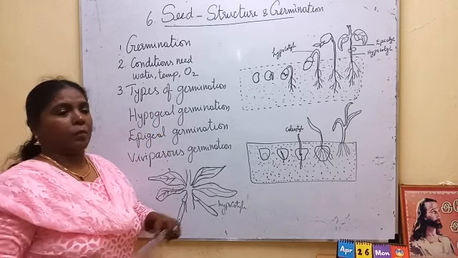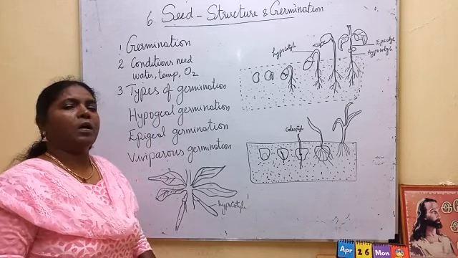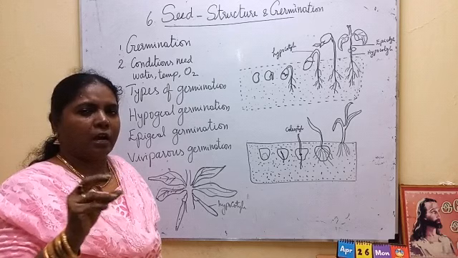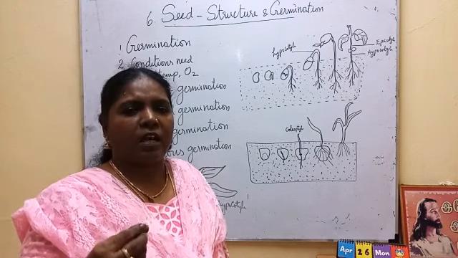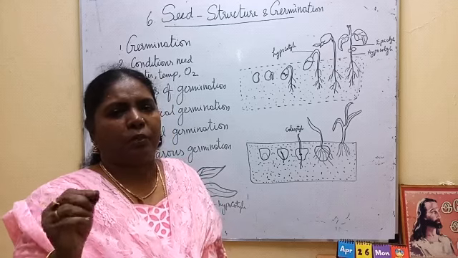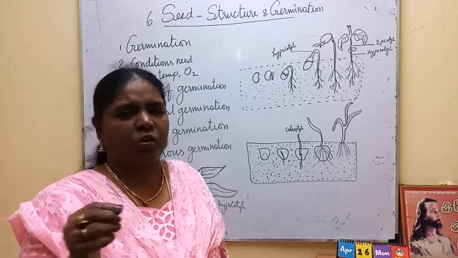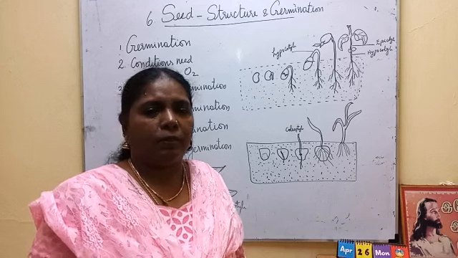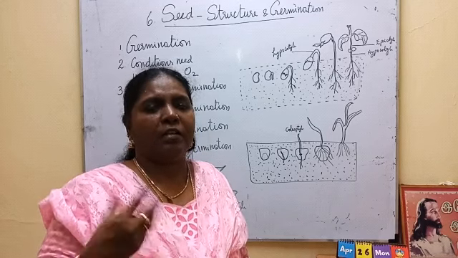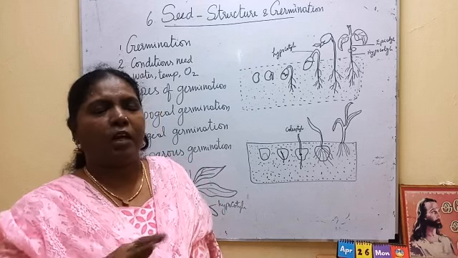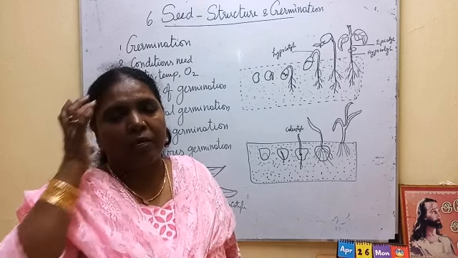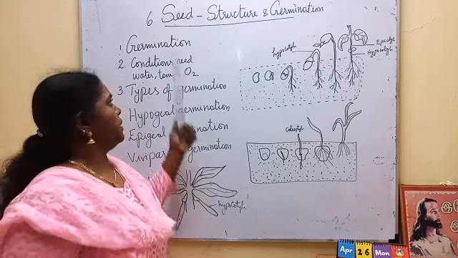Before germination, in the dormant period, it is seen as a seed, but inside it takes in oxygen, a very small percentage, and utilizes it and produces heat. It respires. So all this takes place inside the seed in the dormant period. Then in favorable conditions, it germinates.